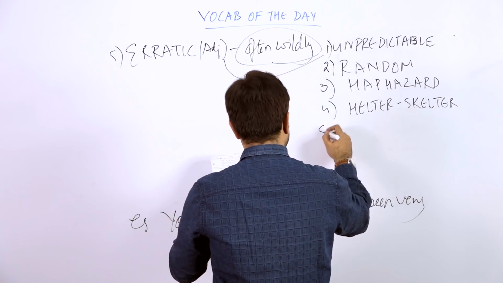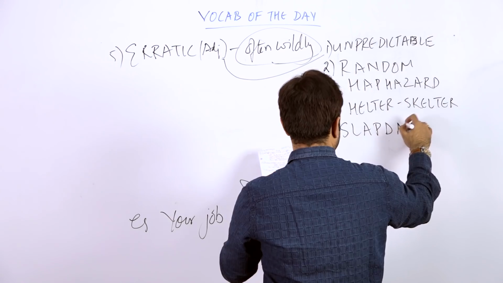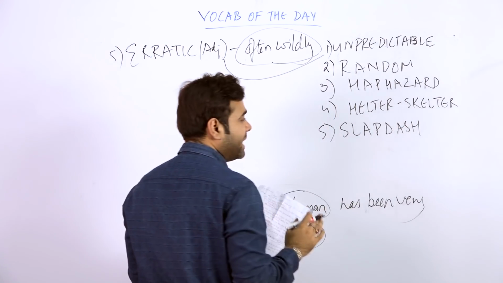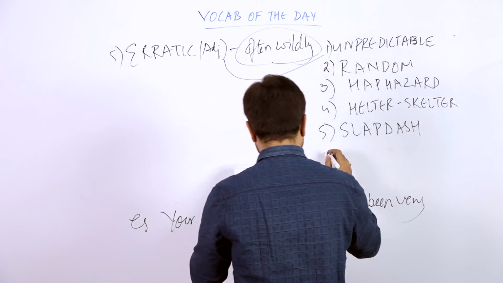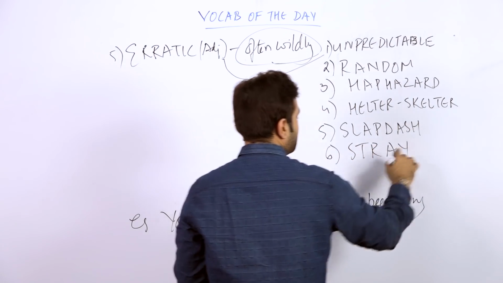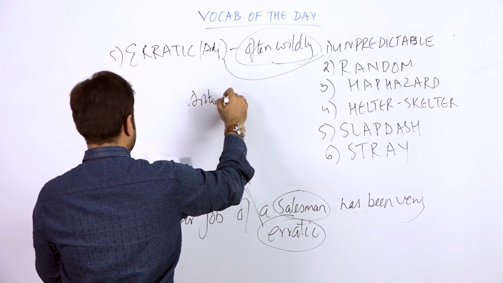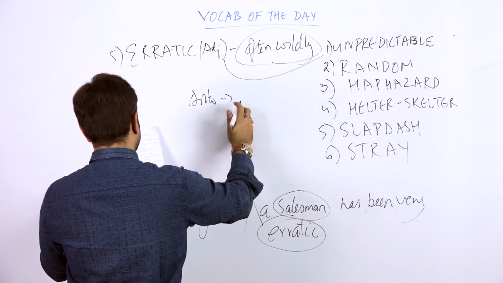And also a nice word, students, slapdash, S-L-A-P-D-A-S-H. And one more word I should ask you to take down is stray. So these are the six words. Now antonym. In antonym, I have taken the word orderly.